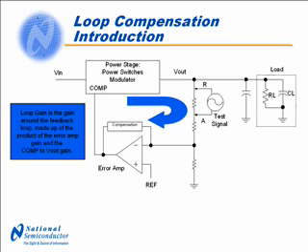Also, there is a pole at 1 over 2 pi RL CL. The second part of the loop gain is the error amplifier. The compensation characteristics of the error amplifier have a high DC gain and a zero to compensate for the power stage pole. The next few slides present a graphical representation of this model.